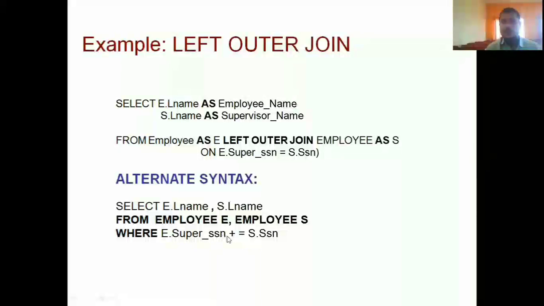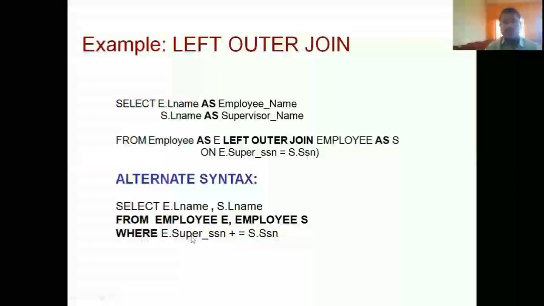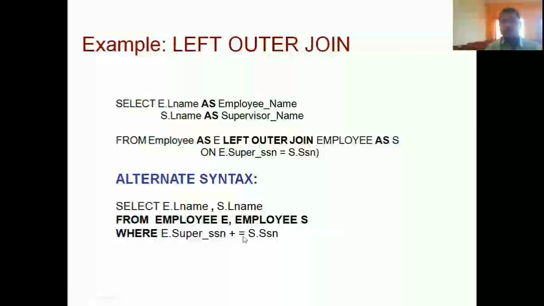So e dot super underscore ssn plus is equal to s dot ssn.